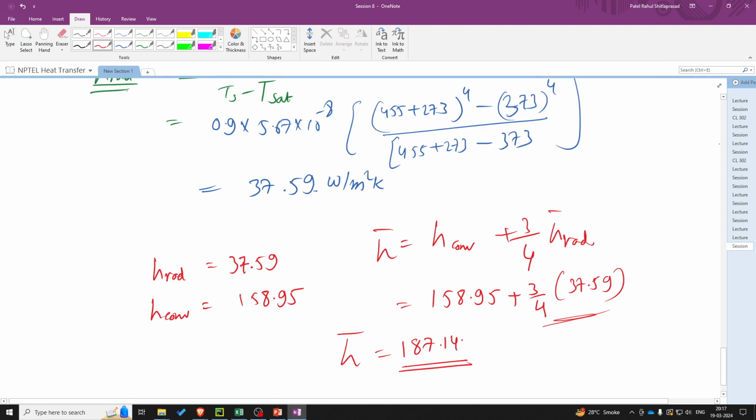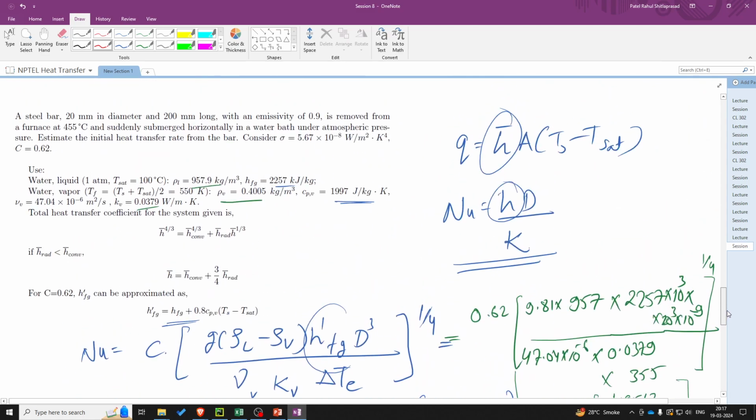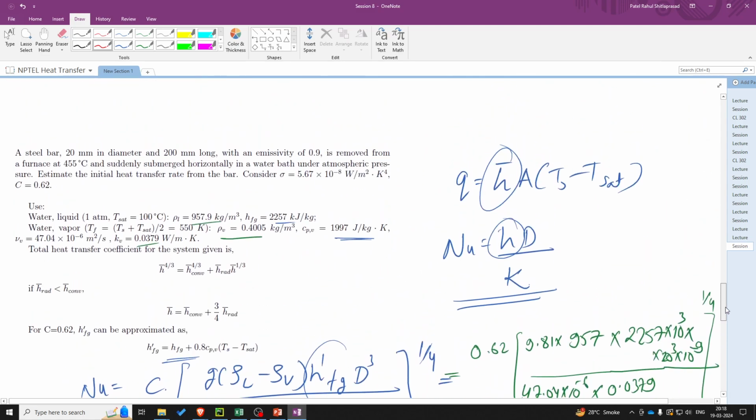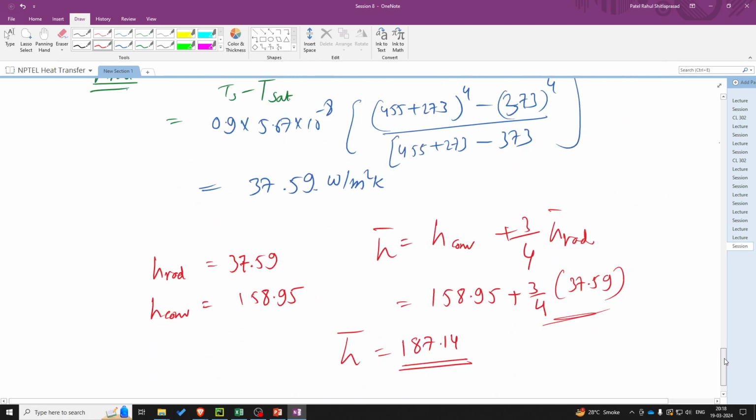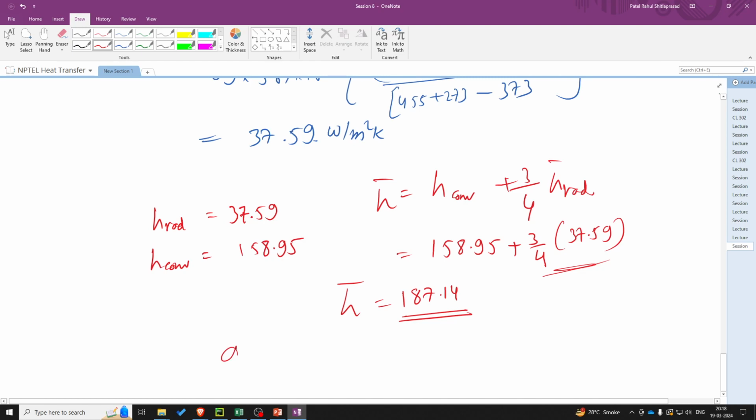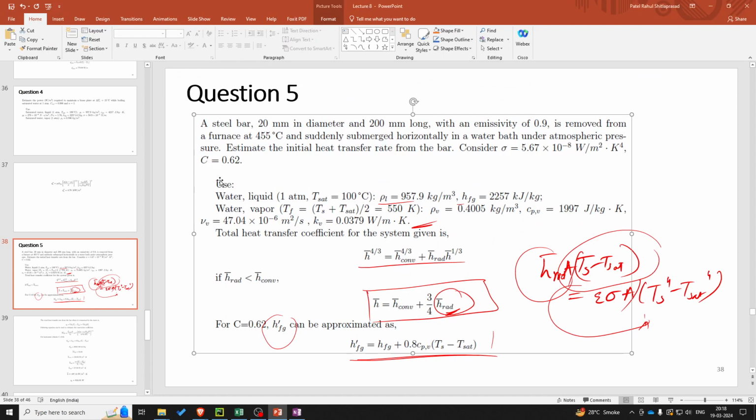Let me just check that. Yes. And then you have been asked to find the overall heat transfer rate. So Qs, let me just check what you have been asked to find.